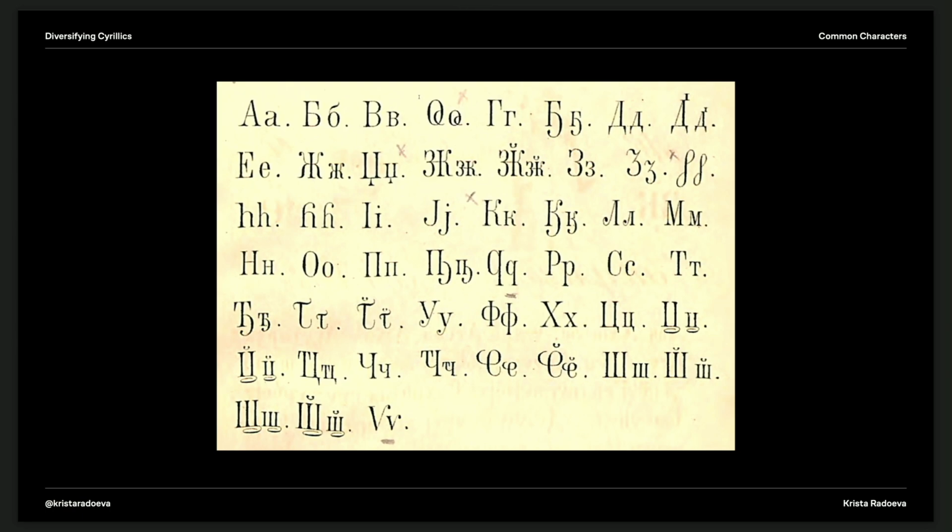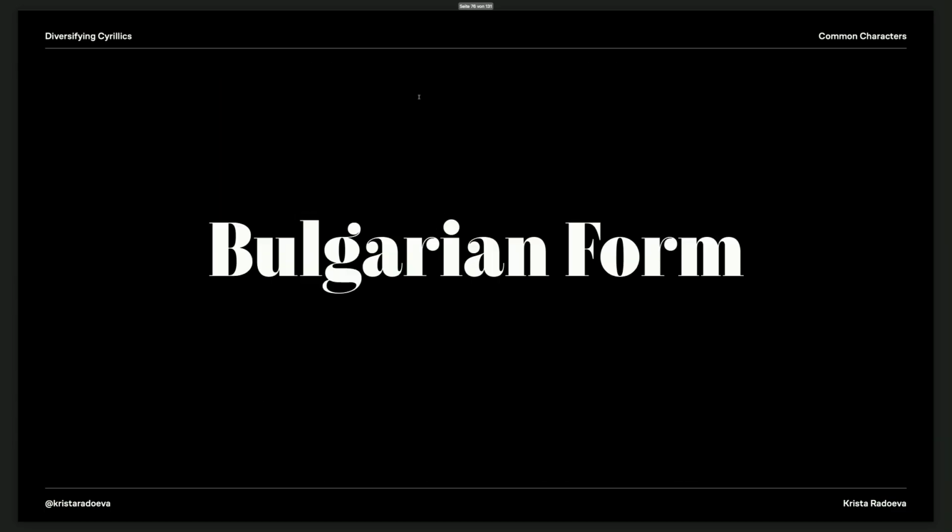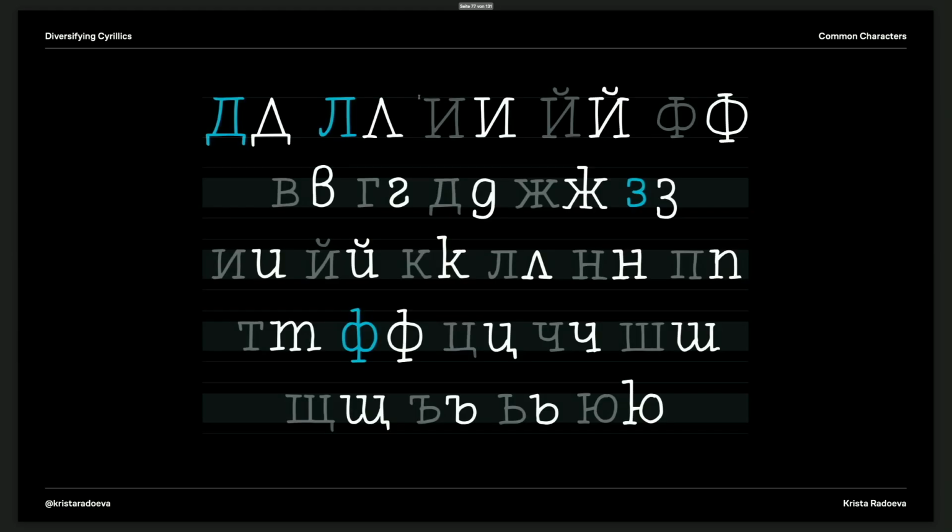And there are a lot more characters nowadays that are included in Cyrillic, and I'm only going to cover a few of them. And of course, I have to talk about the Bulgarian form, but I'm not going to talk too much about it.